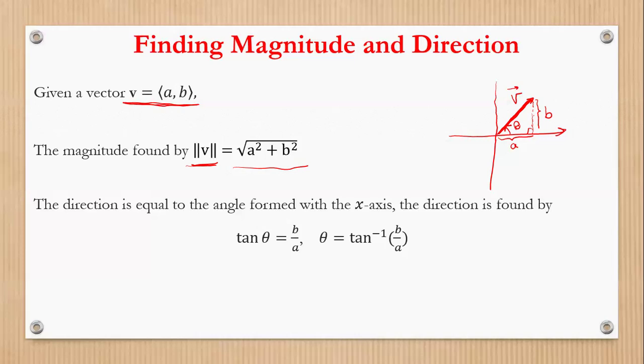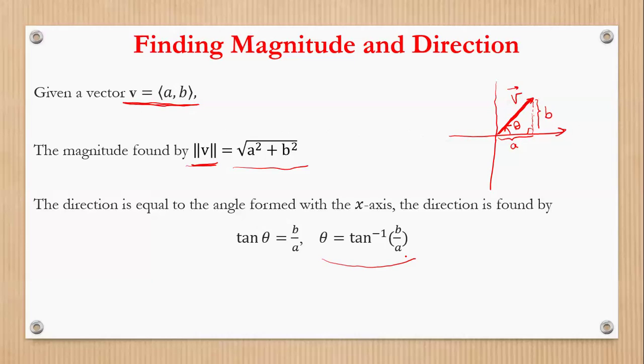And to find the angle, we need to find one trigonometric function of this angle first, like sine or cosine or tangent. But since the components of the vector are a and b, we just have the opposite and adjacent, we can use the tangent for finding the angle. And we know that the tangent of any angle in the right triangle is opposite over adjacent, which is b over a. And to find the exact angle, we need to use the tangent inverse of b over a.